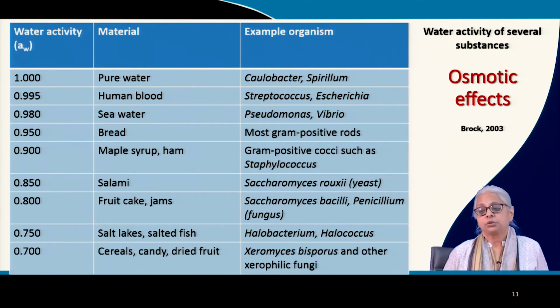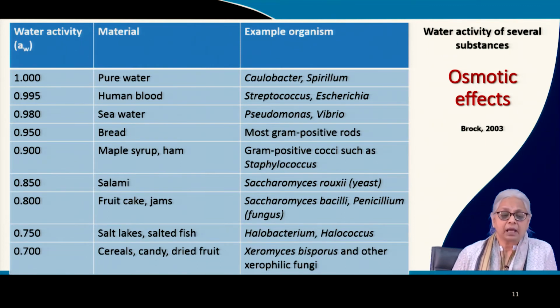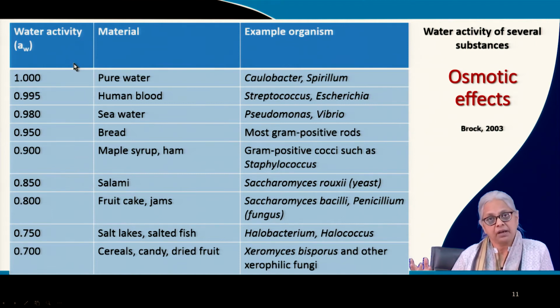Then we come to the next one, and that is osmotic effects. And these osmotic effects, like I said to you in a previous lecture, are related to the ionic strength in the solution versus the ionic strength within the cell. So let's take a look at another parameter that is used to define the activity or ionic strength.